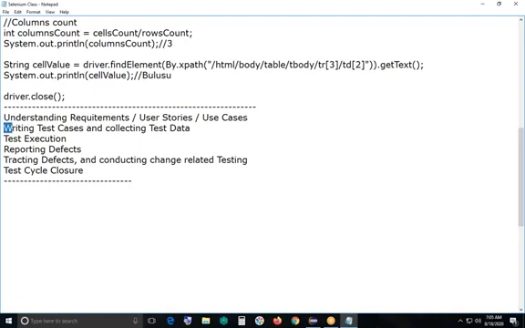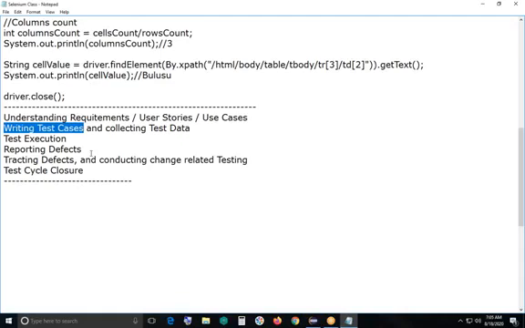Just writing test cases? No. Suppose exploratory testing, informal testing, is there. In informal testing, we don't write test cases. Ad hoc, random testing.